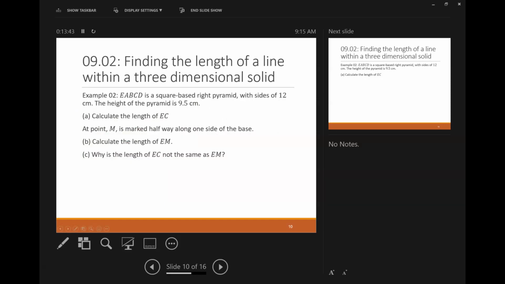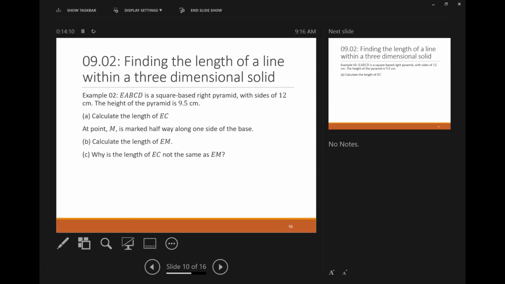Let's do another example. So we have the shape EABCD. That's a square-based right pyramid where the sides of the square are 12 centimeters and the height of the pyramid is 95 centimeters.